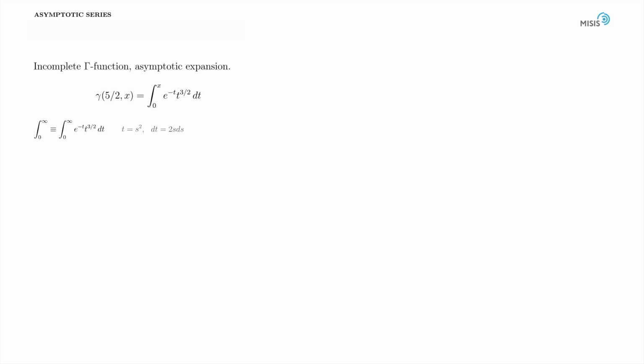We then make a change, t equal to s squared, dt is 2s ds, and the integral becomes as follows. It is reduced to a Gauss integral by the differentiation with respect to parameter technique. Well, you may argue that there is no parameter here at all, so you can't differentiate with respect to anything. But here is a small hint.